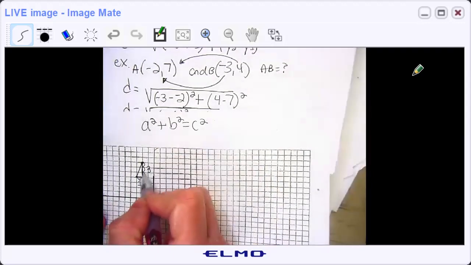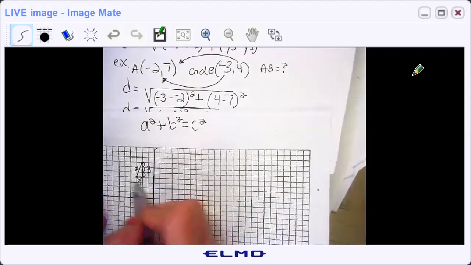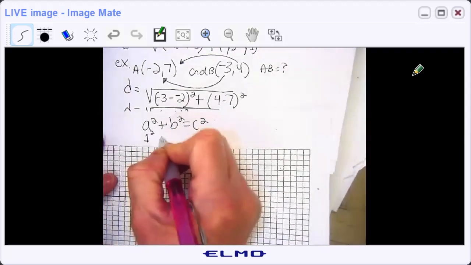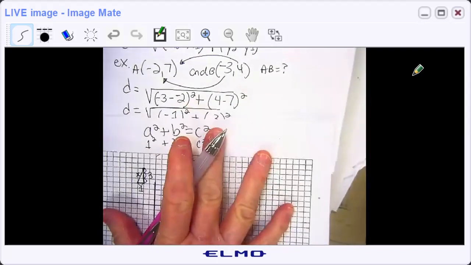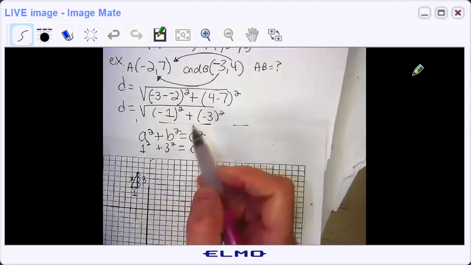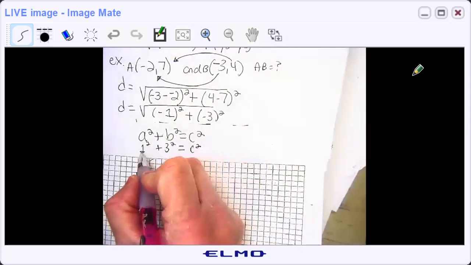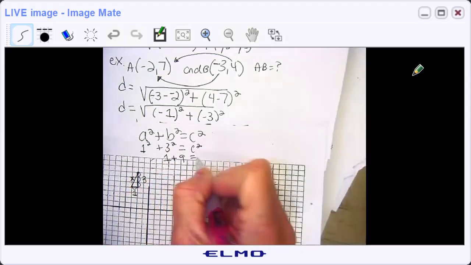Well, now I can just put the two legs of the triangle, because we're basically looking for the hypotenuse of a right triangle. So I can do 1 squared plus 3 squared equals c squared. And if you notice, it's not a coincidence that these numbers are very similar to what I had right here. They are going to be positive numbers instead. Still going to work out to give us the same answer. 1 times 1 is 1. 3 times 3 is 9.